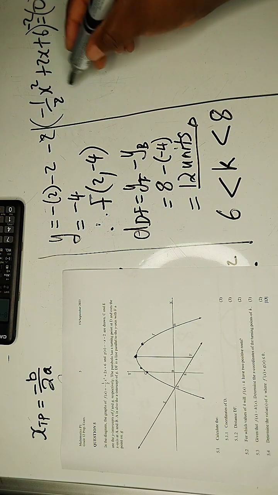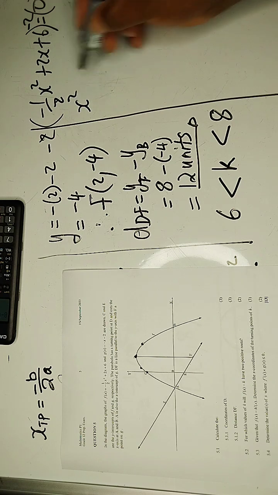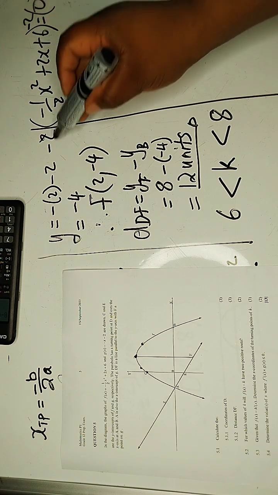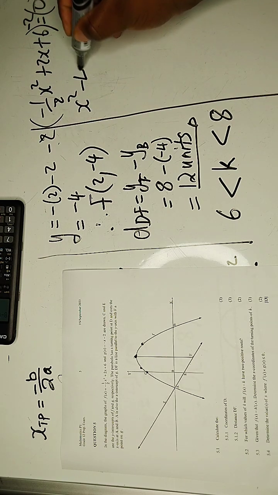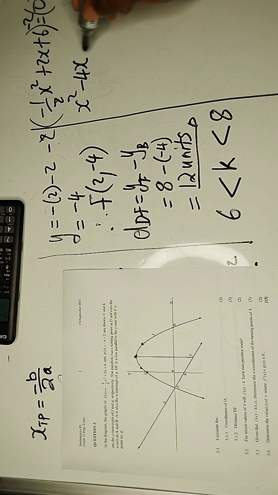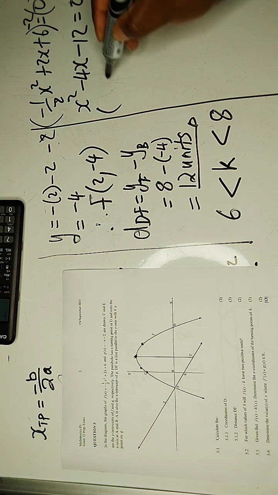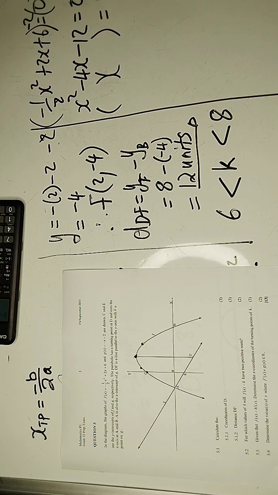So I will have x squared here, negative 4x here, and negative 6 times 2, that is negative 12. This is equal to 0. Then I open 2 brackets, equal to 0.